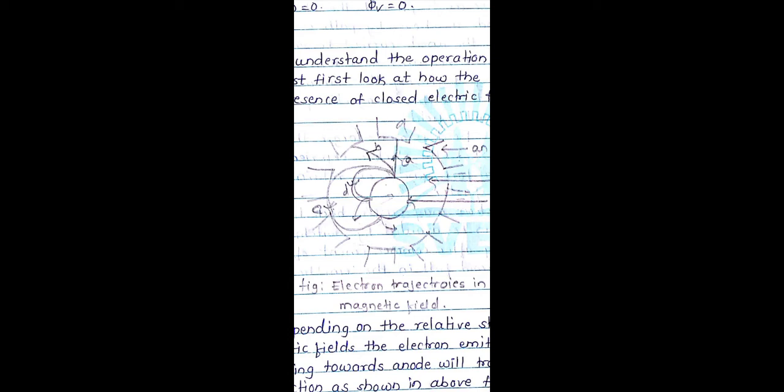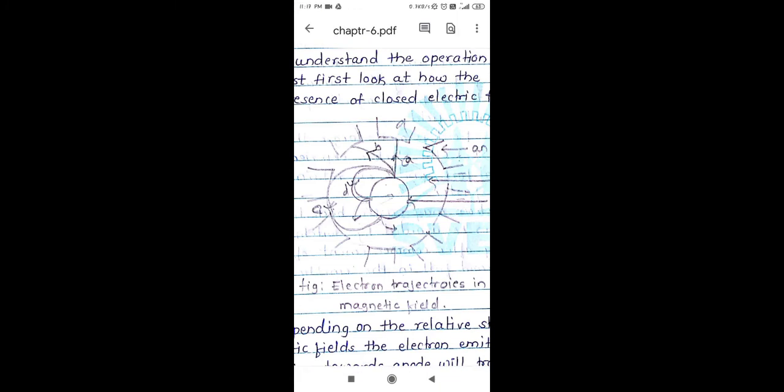If the magnetic field is made larger than the critical field, that is B is greater than BC, the electron experiences a greater rotational force and may return back to the cathode quite faster. All such electrons may cause back heating of the cathode.